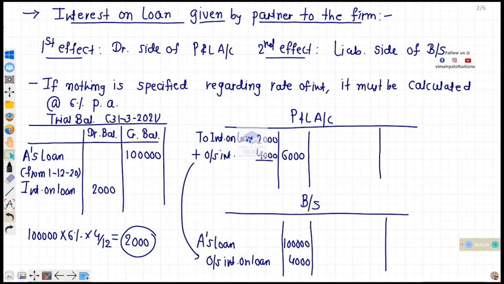If instead of 2000, it is given say 500, then on the debit side of P&L account you have to write interest on loan 500 plus outstanding 1500 because total interest payable is 2000. So the outstanding amount will be 1500, and second effect of outstanding interest on loan will be 1500 on the liability side of balance sheet.